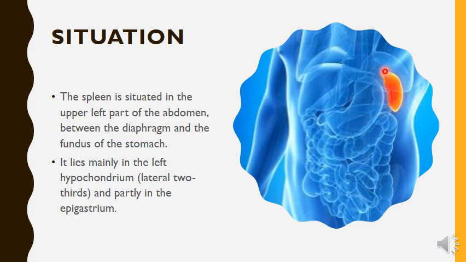In between them the spleen is situated, and to describe exactly, it is present in the left hypochondrium. If you divide the spleen into the lateral two-thirds and medial one-third, the medial one-third lies in the epigastrium, and the lateral two-thirds lies in the left hypochondrium.